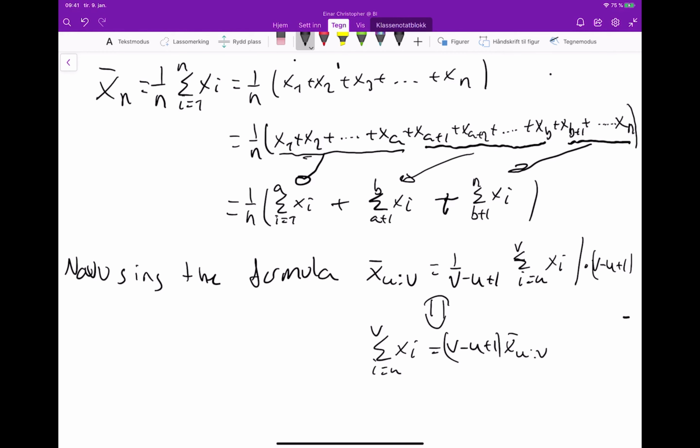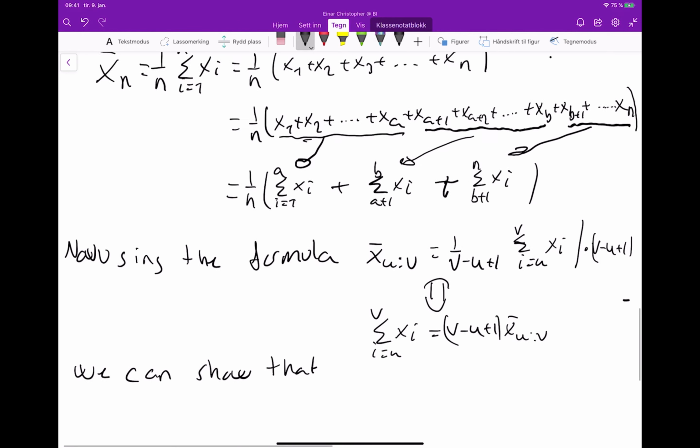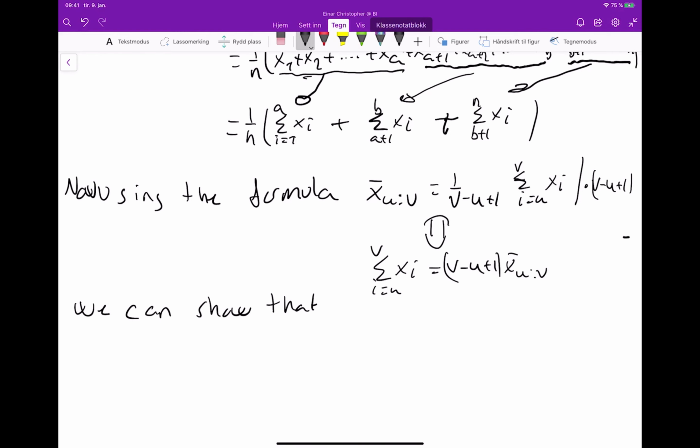So using this formula, we can now show the sum of xi, i equals 1 to a, what must that be if I now use the formula? I'm now going to use this.